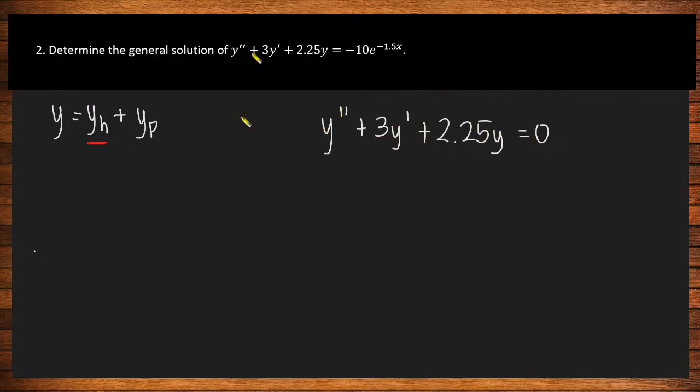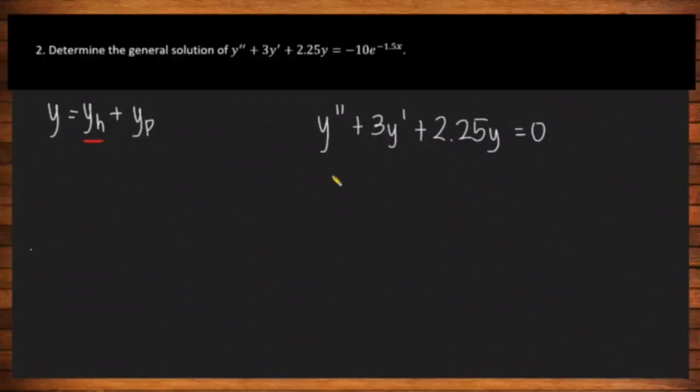to 0. So in order to obtain the general solution of this homogeneous equation, makikita natin that this has constant coefficients, okay? So we can solve this equation by first obtaining the auxiliary equation. So our auxiliary equation here will be lambda squared plus 3 lambda plus 2.25 equal to 0.